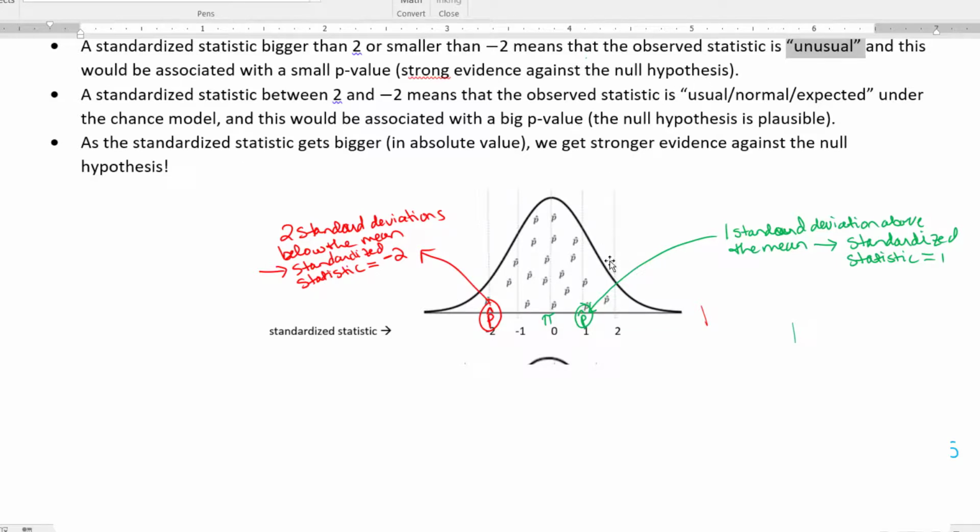So one way we can think about how standardized statistics relate to p-value is by saying, when you have a high standardized statistic in absolute value, like 2, 3, 4, or -2, -3, -4, that means your statistic is out in the tail, and it means you'd have a low p-value.